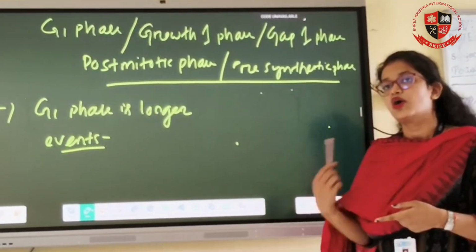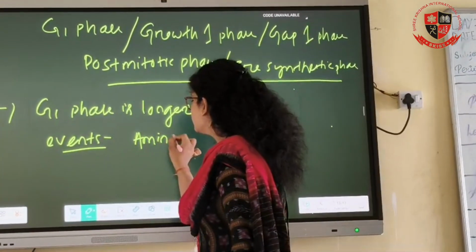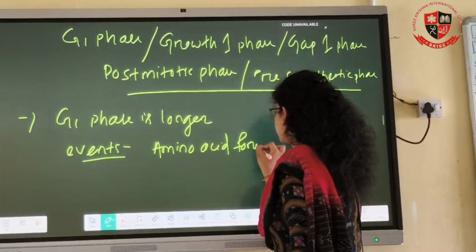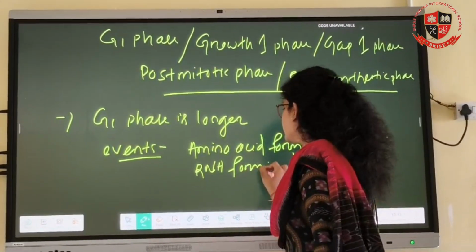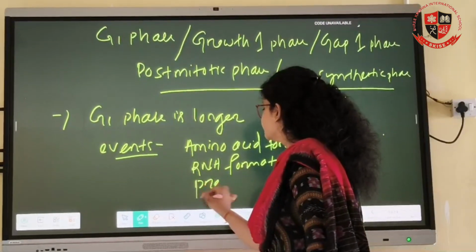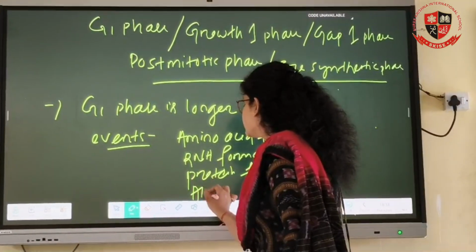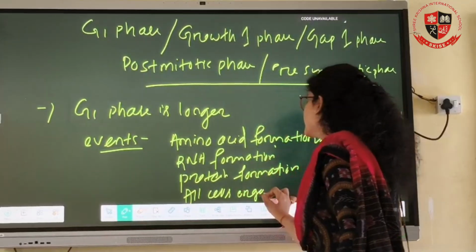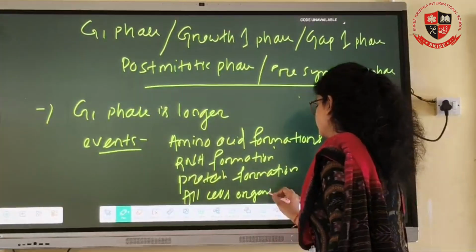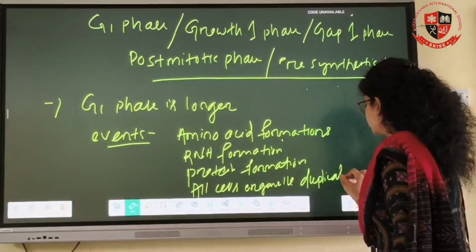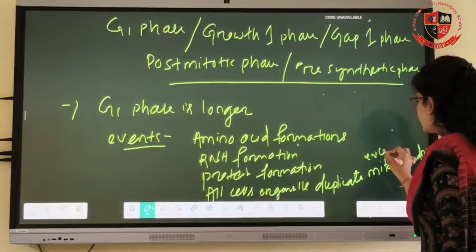Except mitochondria and chloroplast, all cell organelles are duplicated in G1 phase.